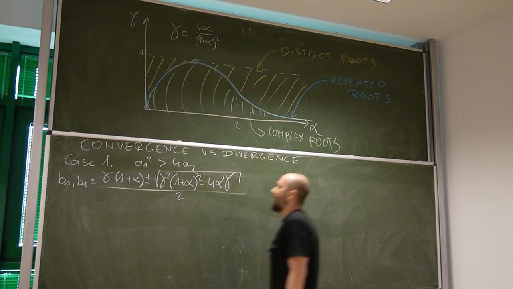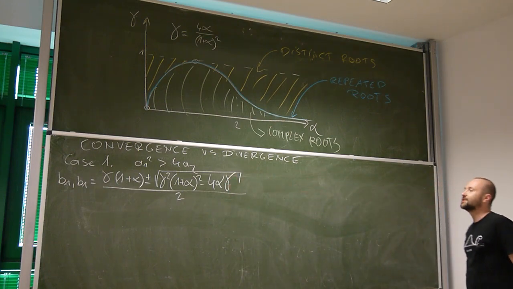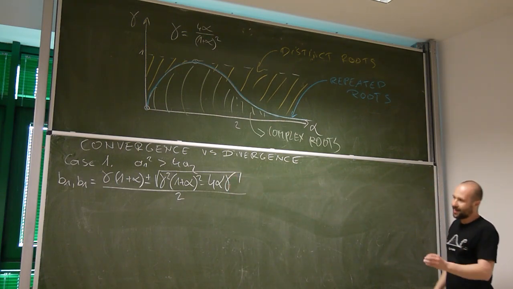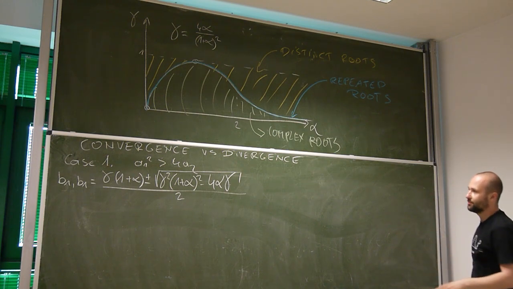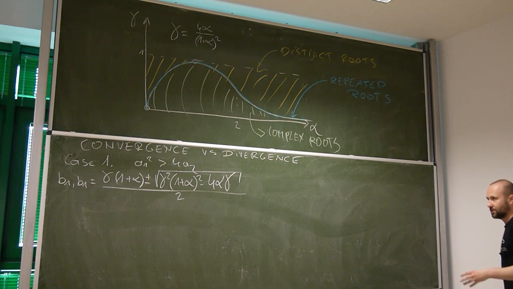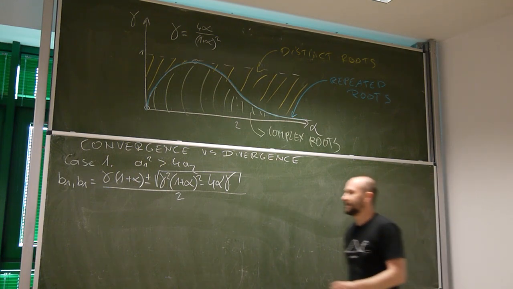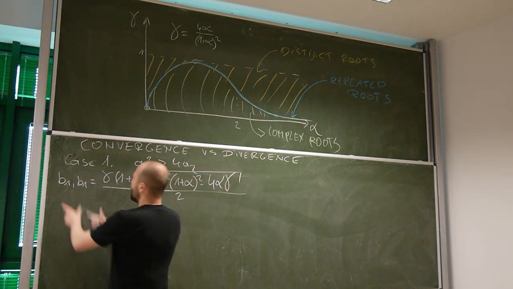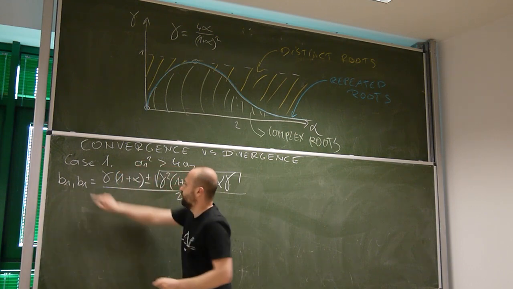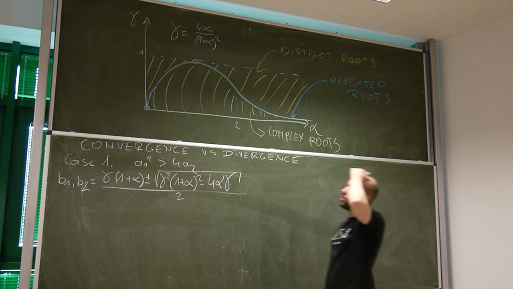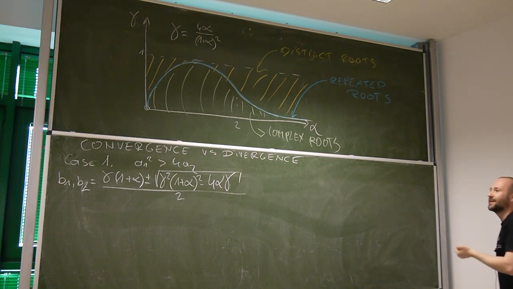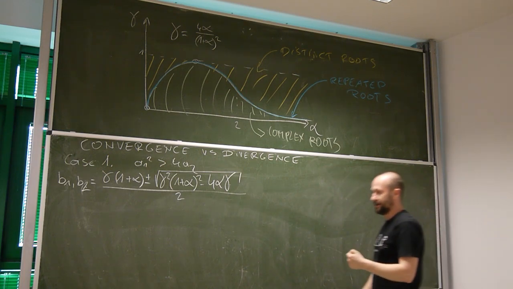Now, our job is to establish under which restrictions on those two parameters we will have convergence. And convergence will take place if and only if both of those roots are somewhere between -1 and 1.